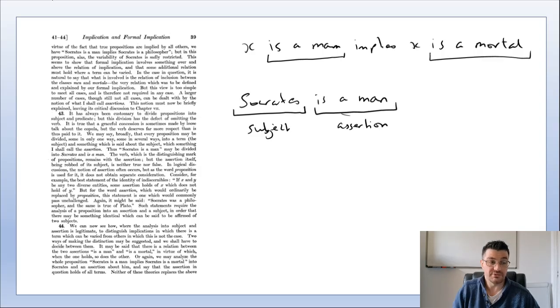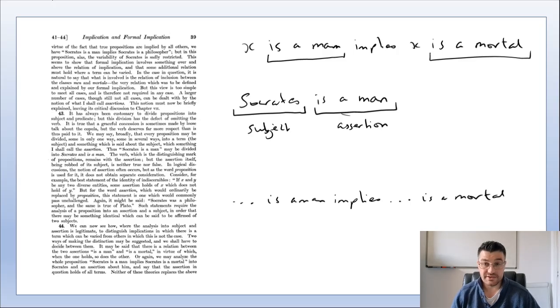Okay, so the problem that we've got when we just talk about the assertions is: "is a man" implies "is a mortal", where these dots are representing where the variable is going to go. But an assertion makes no reference to the subject.